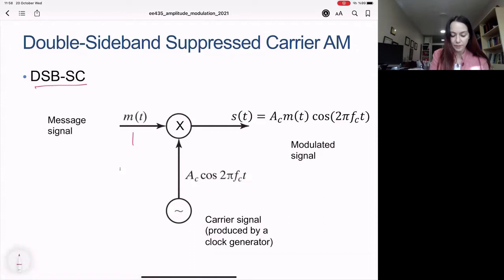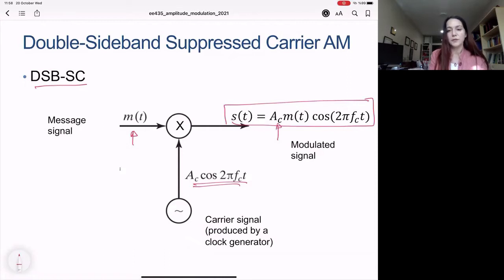Take the message signal and multiply it with a carrier signal produced by a clock generator at the transmitter. And this is the modulated waveform. AC here stands for the carrier amplitude.